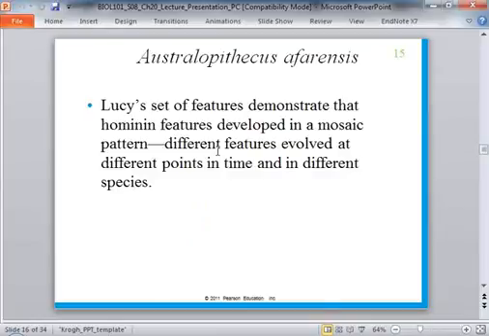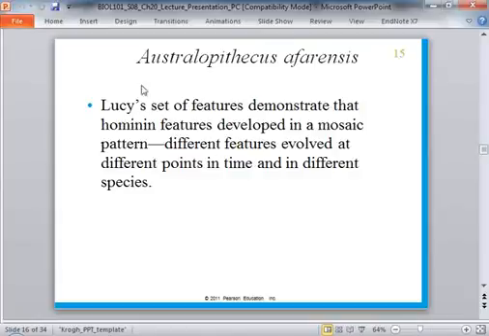And basically, we also see several other things going on here through this evolution. We see probably a greater emphasis on vision over smell. For instance, think about how well you can smell relative to a dog. We start to become more visually oriented. We start to lose body hair. Males and females lose sexual dimorphism. They start to become more and more alike.